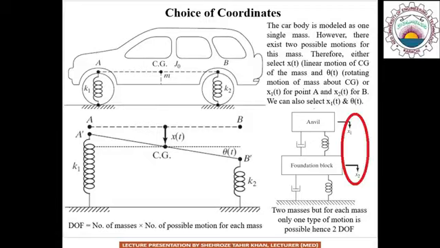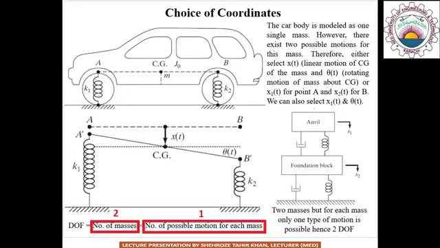So we have two masses, that is, the first variable is 2, and the type of motion for both masses is 1, so the second variable is equal to 1. So degrees of freedom is given by 2 multiplied by 1, which is equal to 2, and hence it is a 2 degree of freedom system.